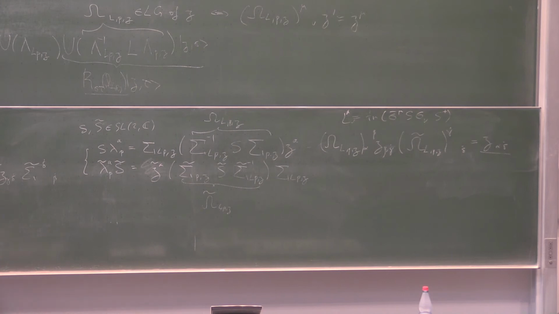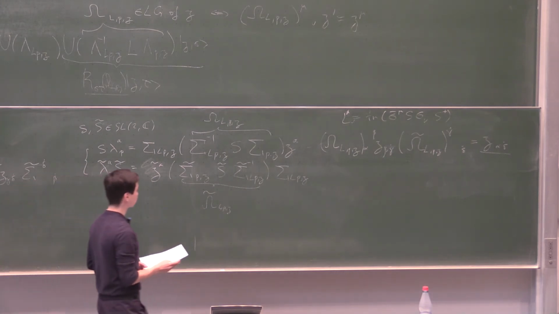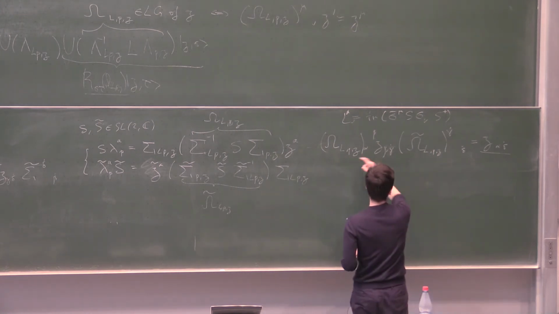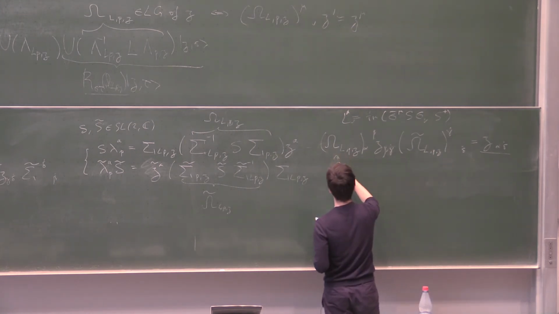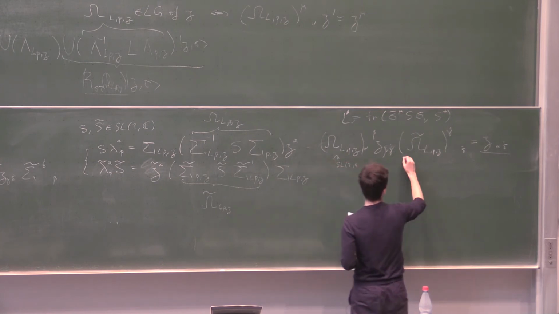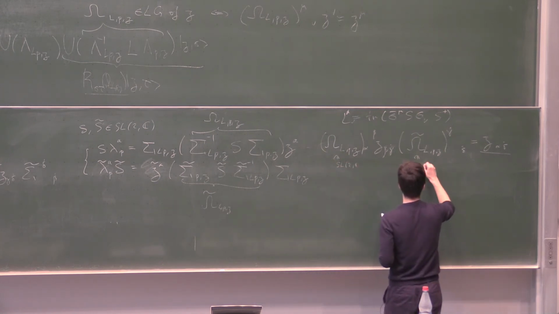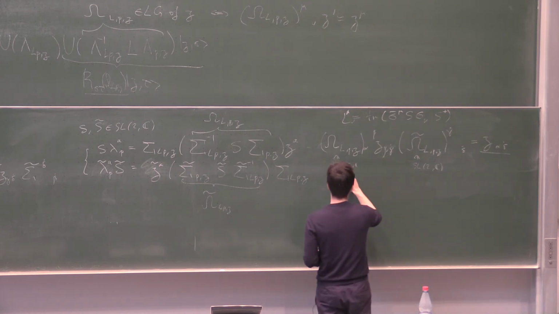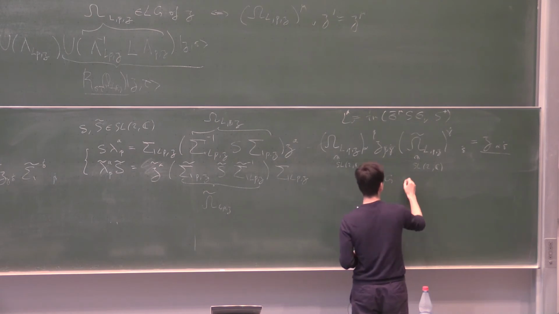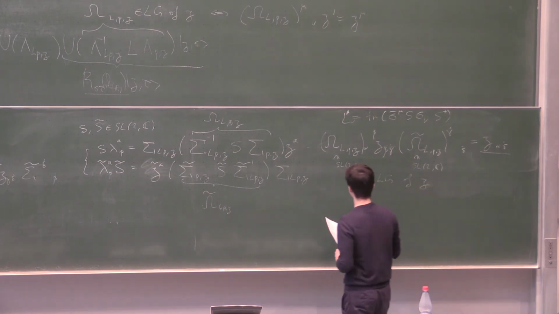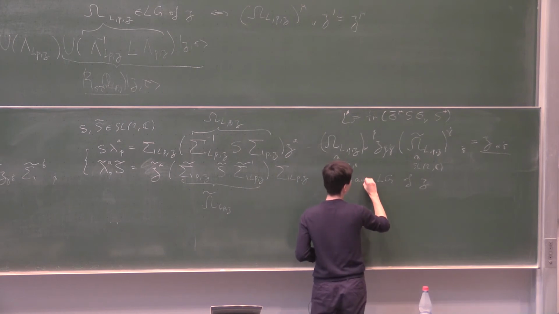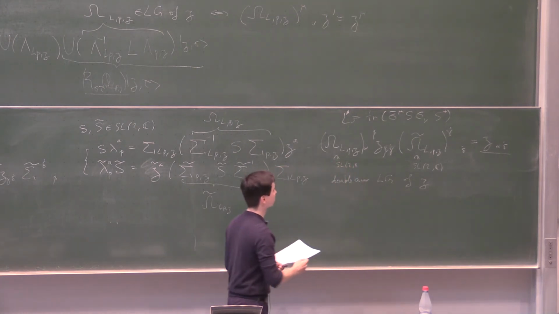But the point of this is that these two matrices now correspond to some, well, it's the little group of zeta, but it's a double cover version of this little group.